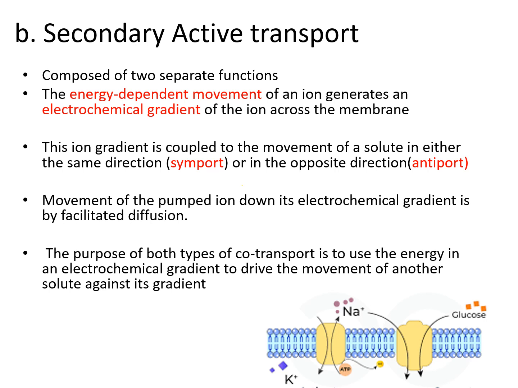In secondary active transport, another substance moves along with the transport of certain other chemicals or ions. We are taking the example of the sodium potassium ATPase and glucose transport.